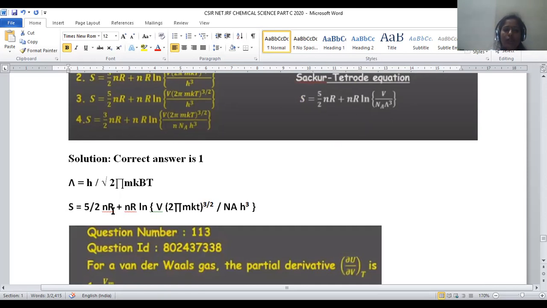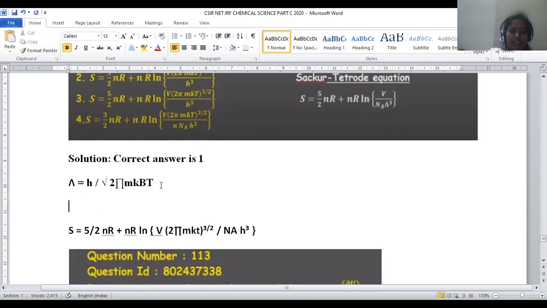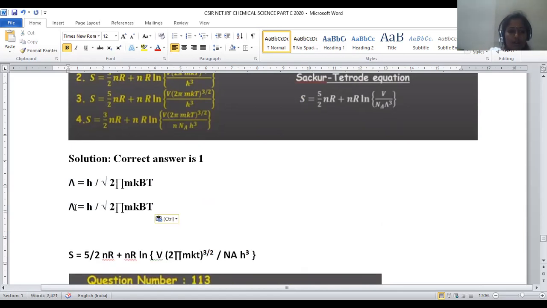So it will be 5 by 2 nR plus nR ln V by Na, present in the denominator. Whatever term is there, this h cube will be taken. Let us take the same formula in cubic form.